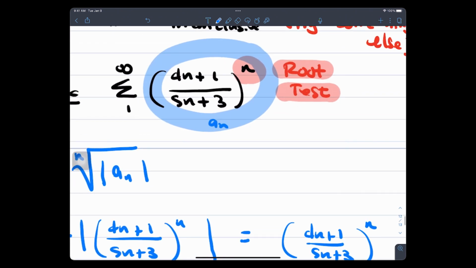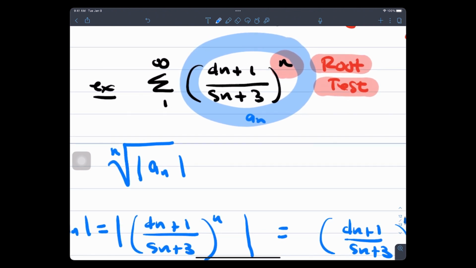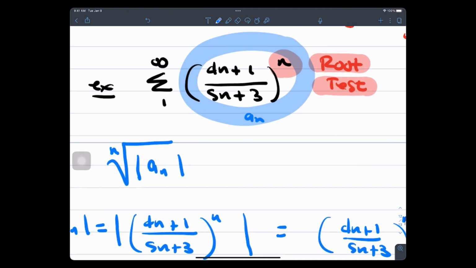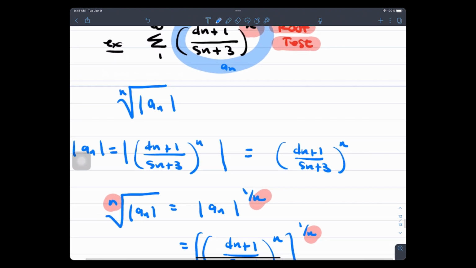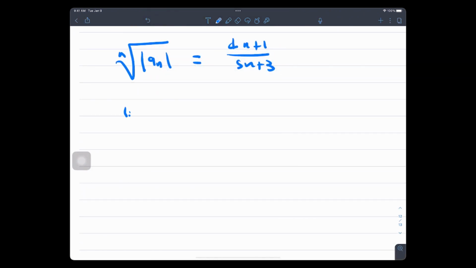So you go, really? Is that how I know to do the root test? Yeah, you have the nth power and the nth root gets rid of that power n. n is gone. So now you look at the limit of that. What's the limit of this?